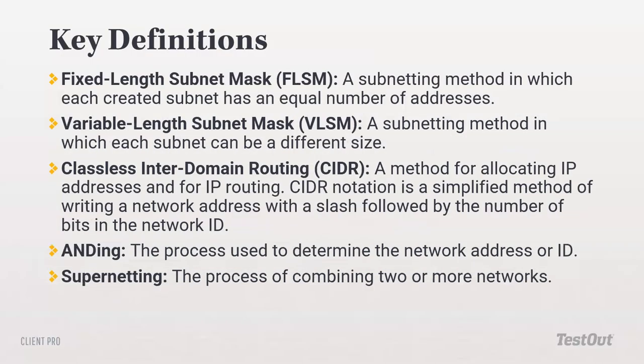In most cases, subnet masks are fixed length, which means that each subnet has the same number of addresses, but we can also use what's called VLSM or variable length subnet masks.